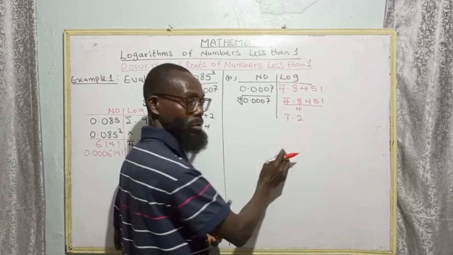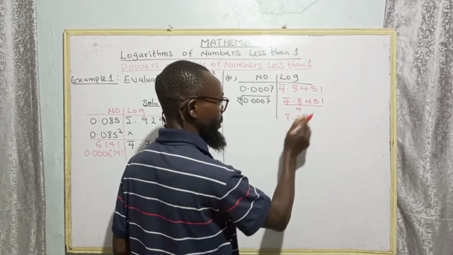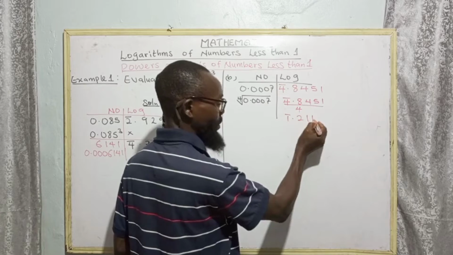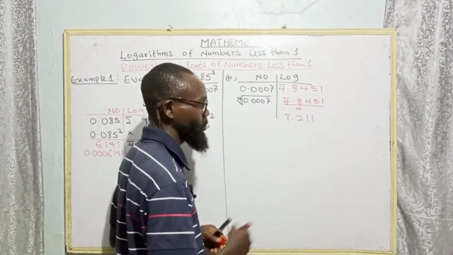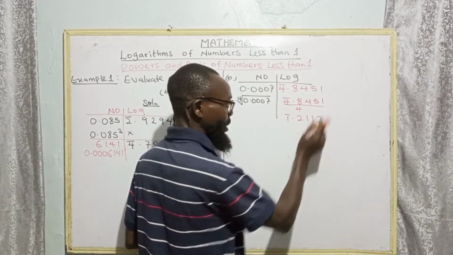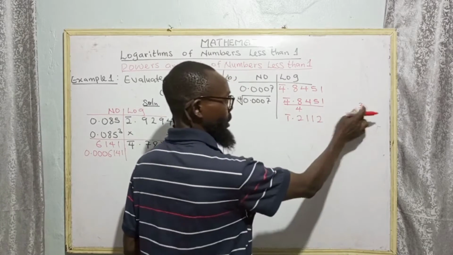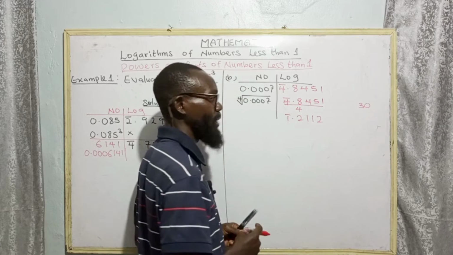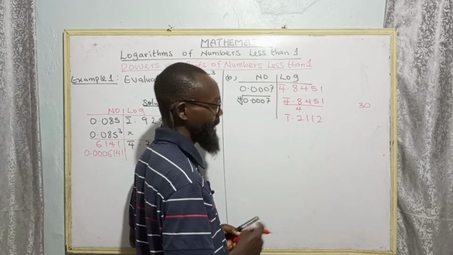We have 2. 4 goes in 4. We have 1. 4 goes in 5, we have 1 remainder 1. Put in 1 here, making 11. 4 goes in 11, so 4 times 2 is 8. We have 2. Remainder 3. 4 cannot go in 3, put 0, making 30. 4 goes in 30, so we have 7.